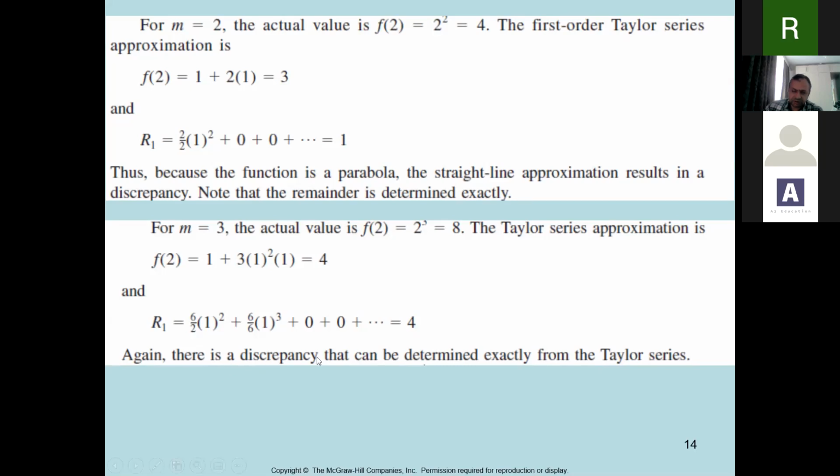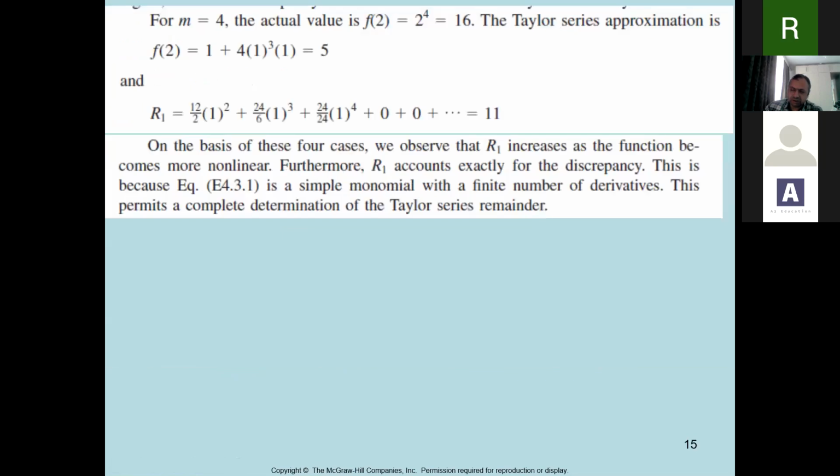So you can see that there is a discrepancy that can be determined exactly from the Taylor series. In this case, we can determine the discrepancy exactly, because we know that the discrepancy will be 4. But of course, this is true because we are only investigating a monomial function.